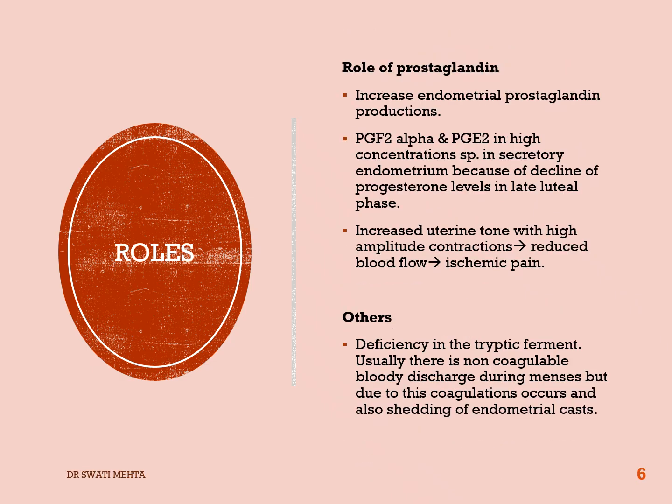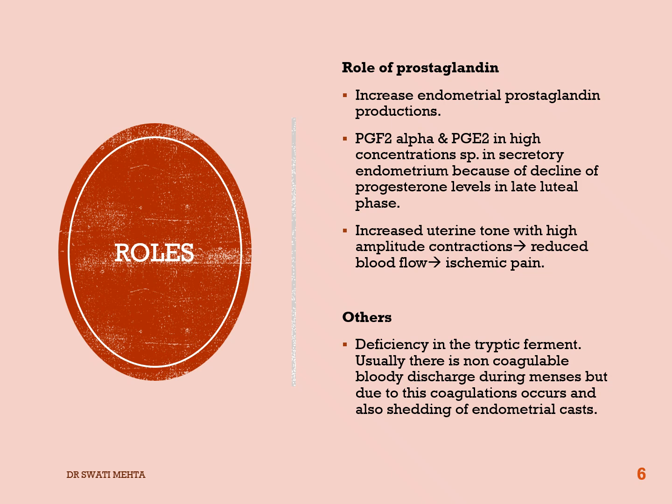Prostaglandins play a central role in the pathogenesis of primary dysmenorrhea. During the late luteal phase, progesterone levels decline, resulting in increased production of prostaglandins, especially PGF2 alpha and PGE2. These substances cause powerful uterine contractions, increase uterine tone, and reduce blood supply, causing ischemia of the uterine muscle.